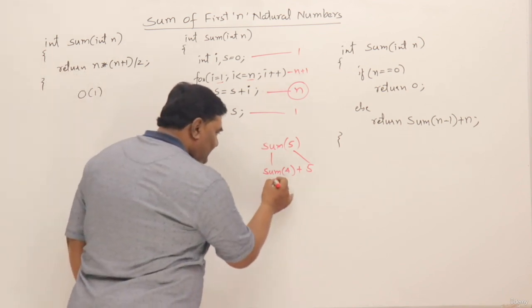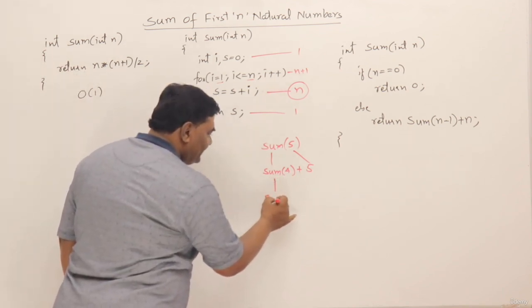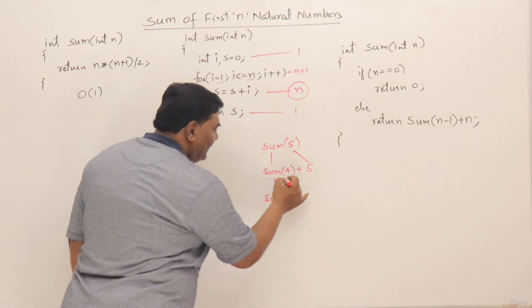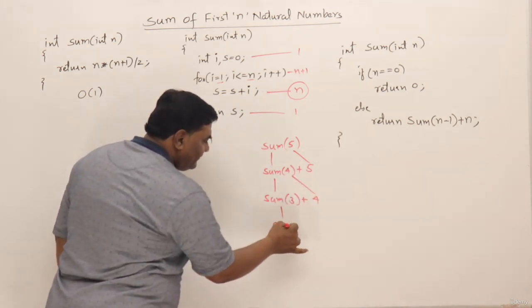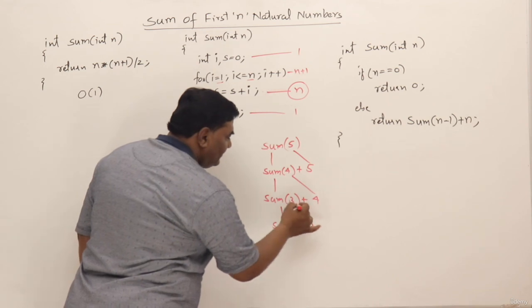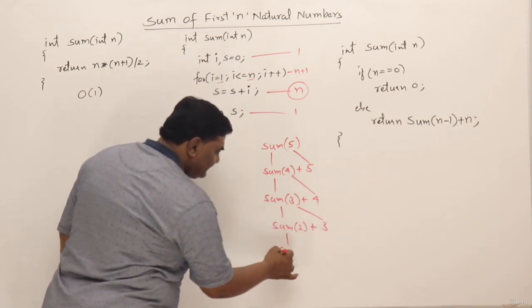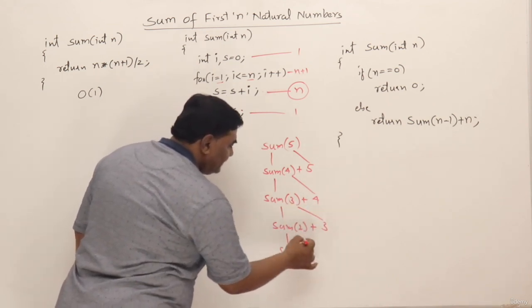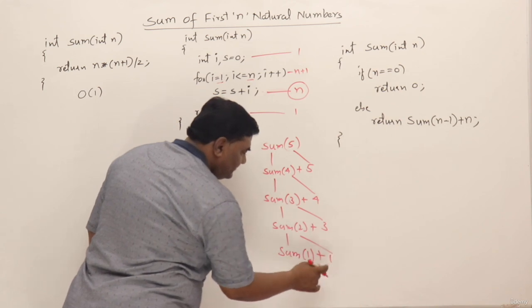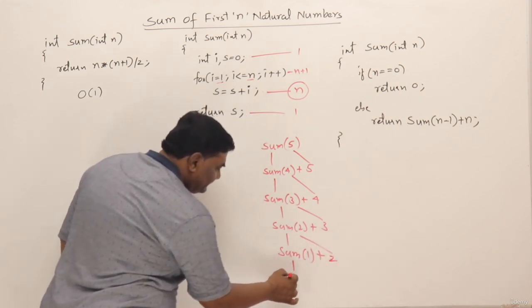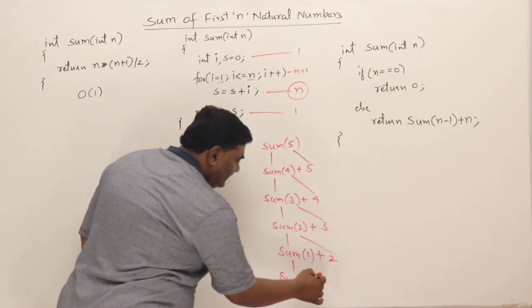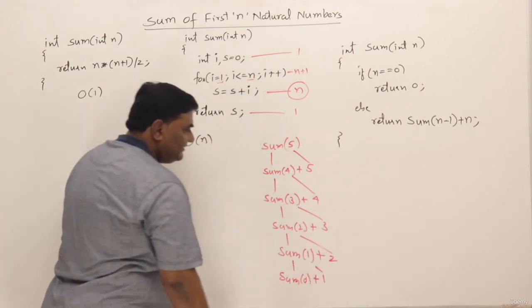Then in this call, again the same thing, it's not 0, so it will make a call for sum of 3 and also add 4. Then it will make a call for sum of 2 and also add 3. Then sum of 1 and also add 2. Then sum of 0 and also add 1.